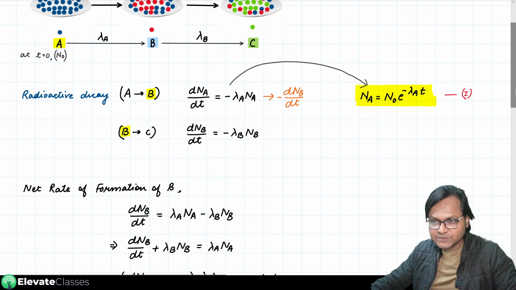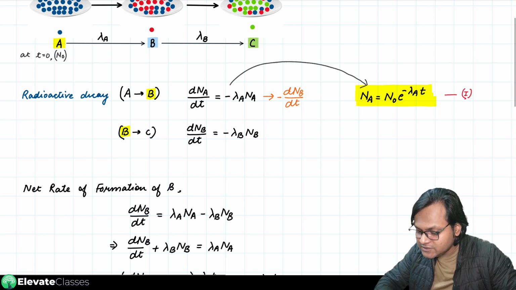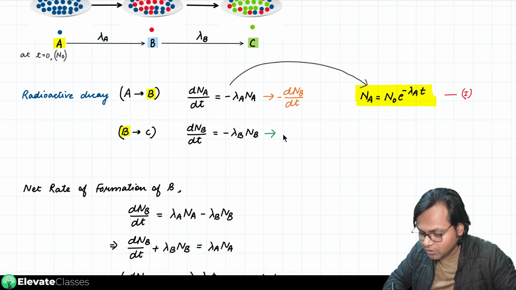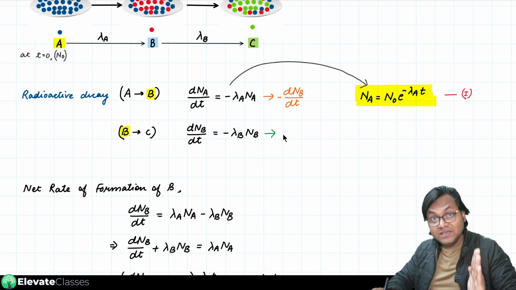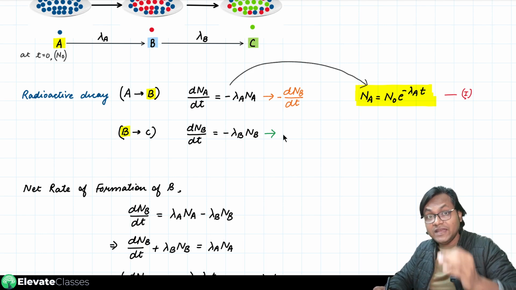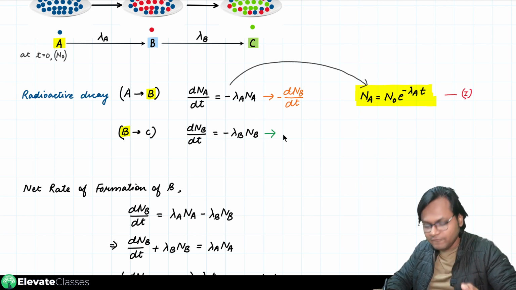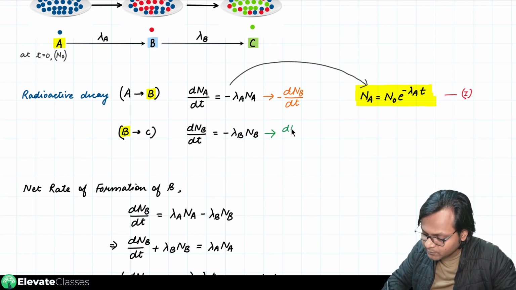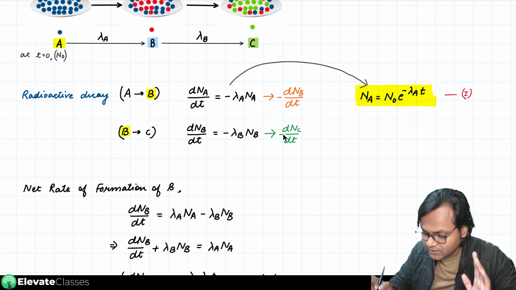So if you look at this expression here, the formation of the radioactive nuclei C is simply given by this particular expression, right? Because the rate at which B is decaying into C is the rate at which C is forming. So this is nothing but dNc upon dt.